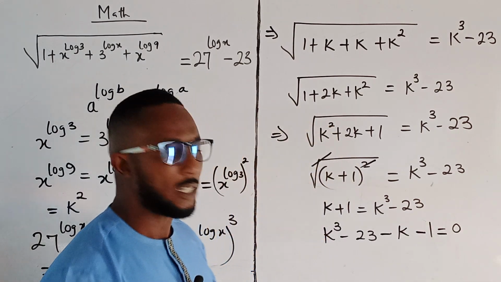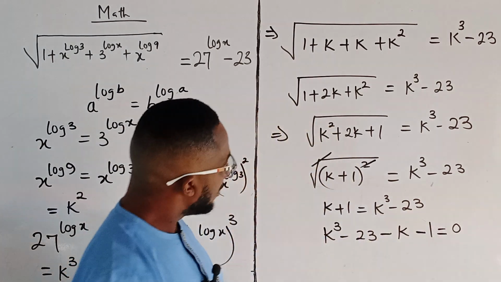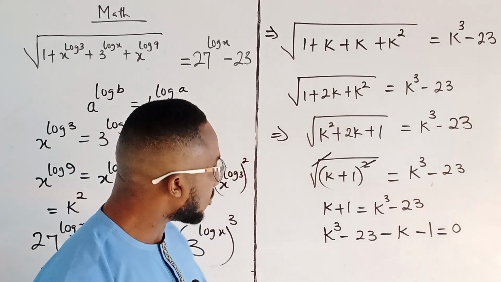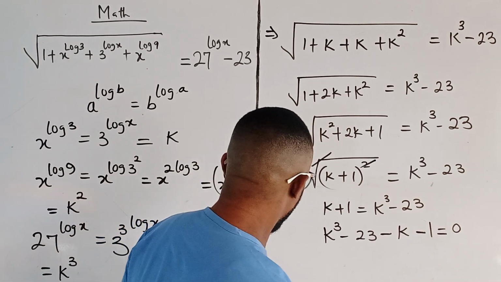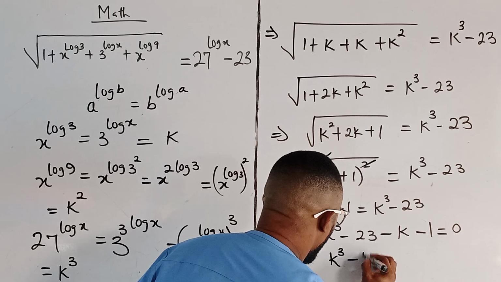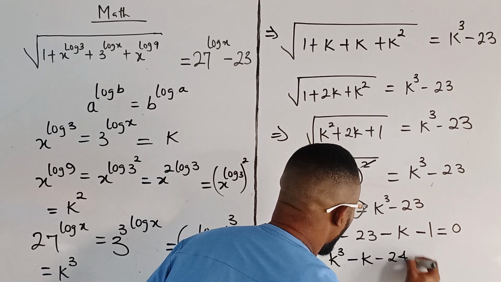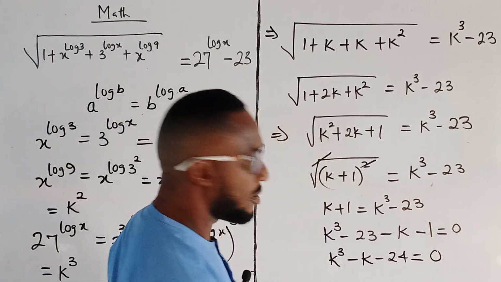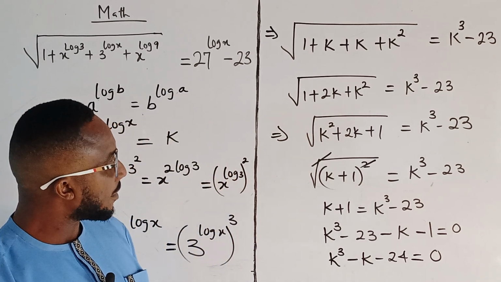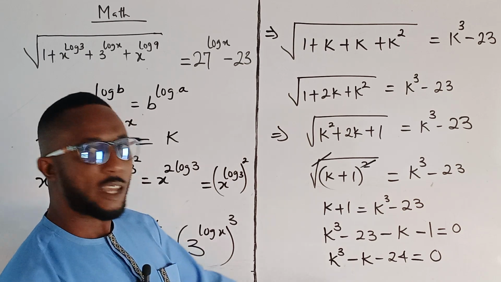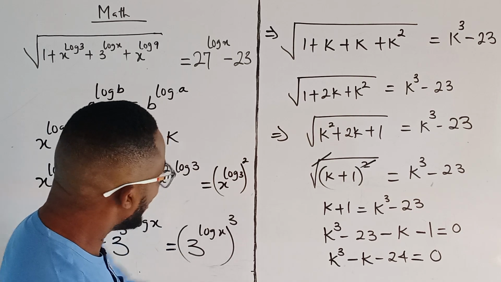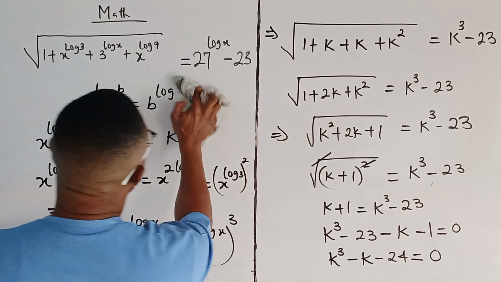What I've just done here is to turn this equation around. If a is equal to b, it implies that b is equal to a. If I rearrange this, it becomes k cubed minus k minus 24 equal to 0. All right, we have done well. It's a depressed cubic equation. So I shall factorize it because of the k cubed here. Then we move on.